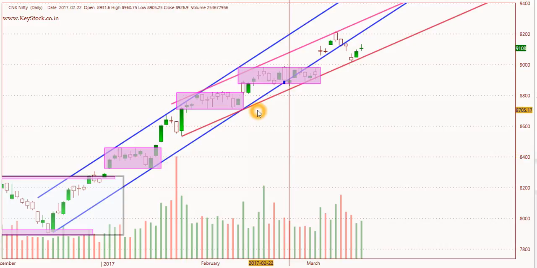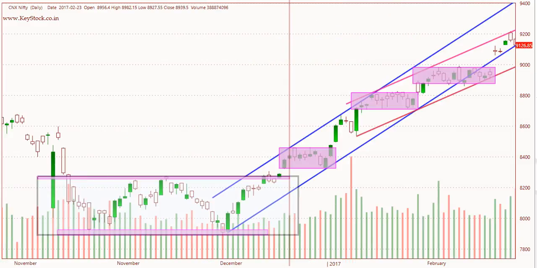However, during the first week of March, the Nifty has breached this uptrending channel and moved into another channel with these red lines with a lesser slope. This indicates that the momentum is reducing in the move. So the trend seems to be tiring a bit.